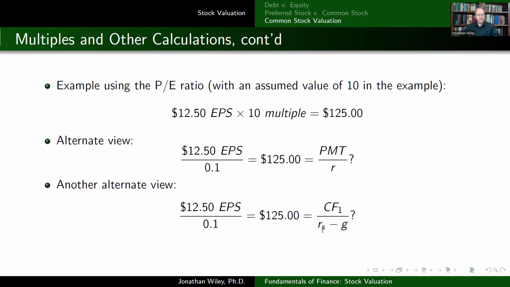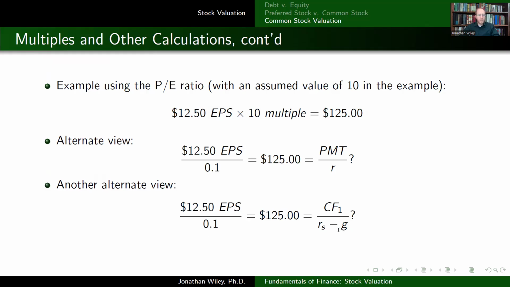Well, if that's the case, I can have different required rates of return and growth rates that would be consistent with the 0.1, and that would lead to the scenario where I get to the 125. So in other words, if I had a required rate of return of say 15% and a growth rate of 5%, well, 0.15 minus 0.05 gives me my 0.1.